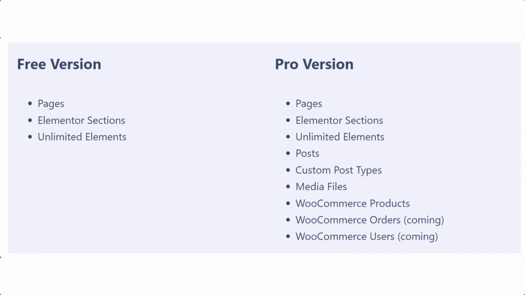The pro version adds the ability to copy and paste posts, custom post types, media files, WooCommerce products, and they're adding WooCommerce orders and WooCommerce users. The free version is kind of limited, so I'm going to be focusing now on the pro version.